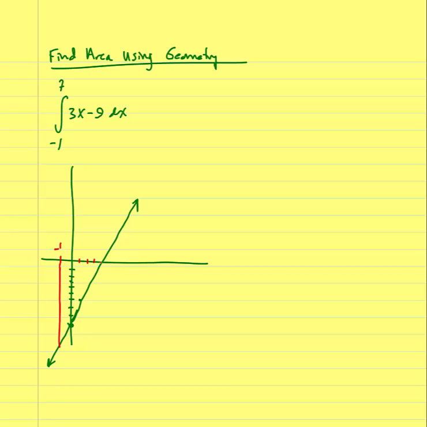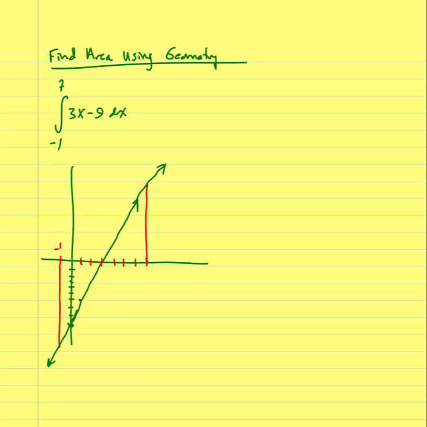I'm not sure where this is going to cross. I think this is probably going to cross at 3, so I probably have to be a little bit more accurate. So this will cross at 3. I might have to extend that line out a little bit. Okay, so you can see what we're looking at here.